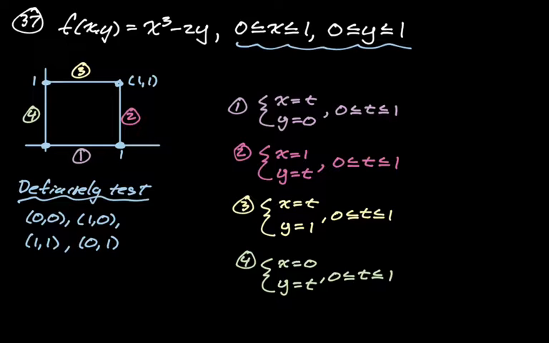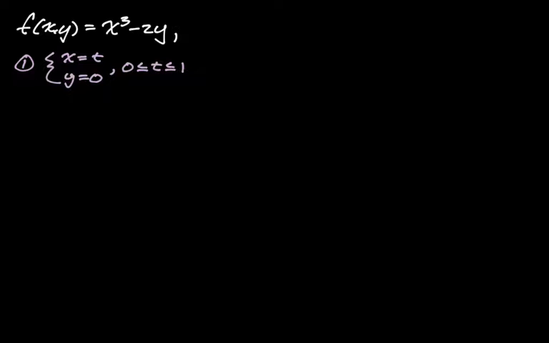All right, so now what we're going to do is we're going to take our boundaries and we are going to substitute them into f of xy. And then it turns into just like a Calc AB problem. So we have this, Calc 1, Calc AB, whatever you think of it as. So it'll be f of t comma 0, which is just t cubed. So I'm going to find the derivative of this.